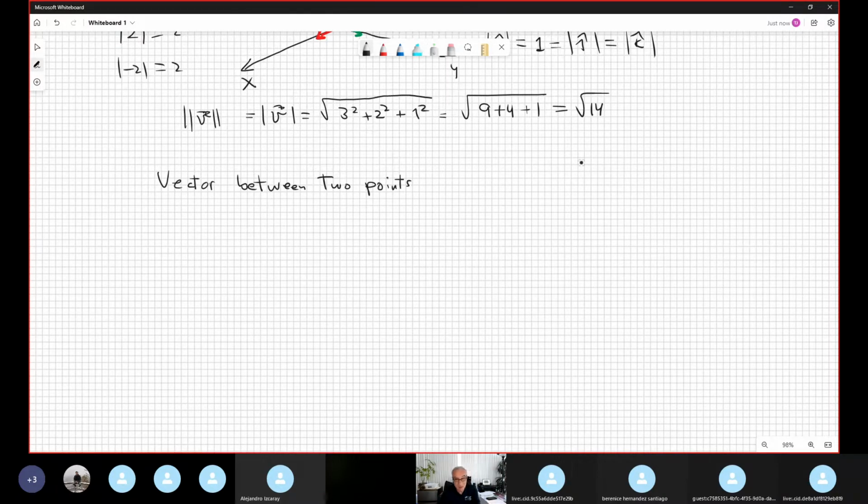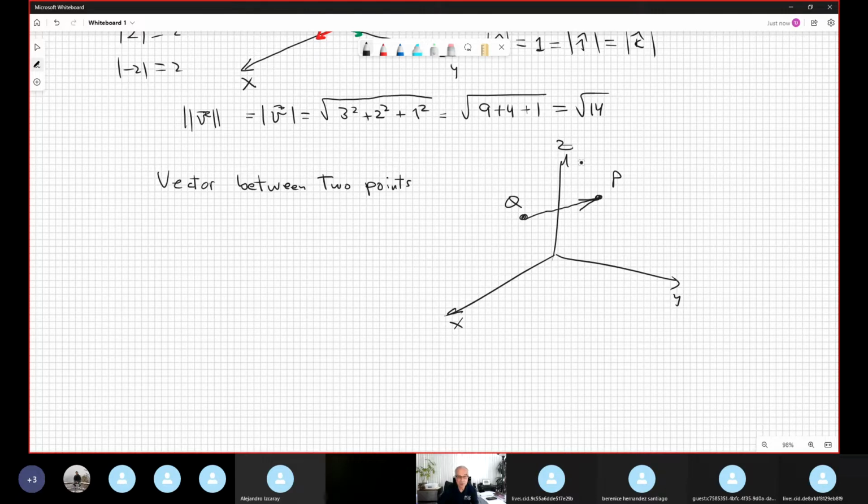What is the idea behind this? We have 2 points, for example the point Q and the point P, and we define a vector in that direction.